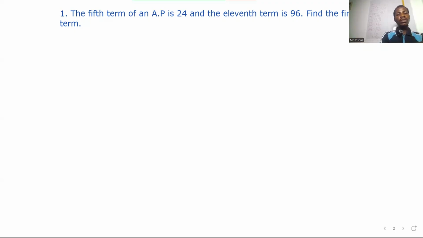So how do we interpret this question? We interpret this question simply by writing out our parameters. The 5th term, that is T5, of an AP is 24.